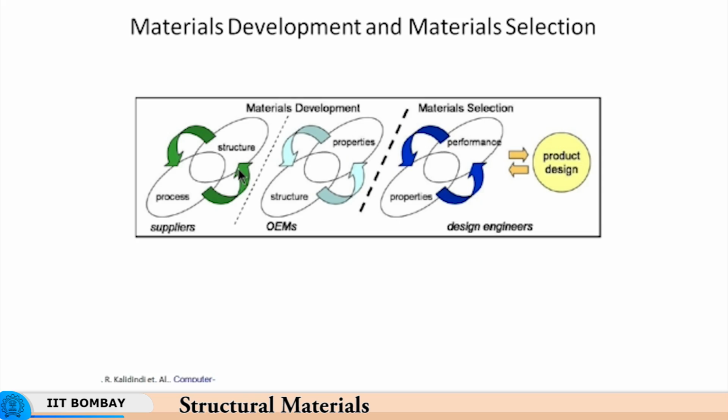So, you carry out the manufacturing process, and then you carry out the heat treatment to change the structure. So, basically the processing route and structure finally gets generated from the process. So, first you start with the performance, and then you arrive at the structure and the corresponding process to arrive at that structure.